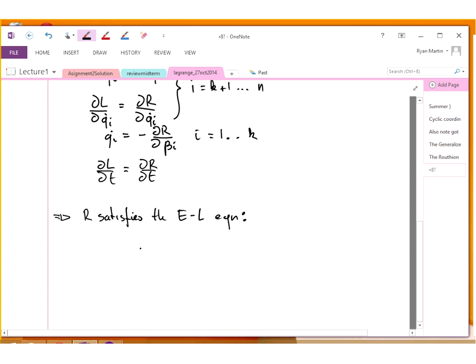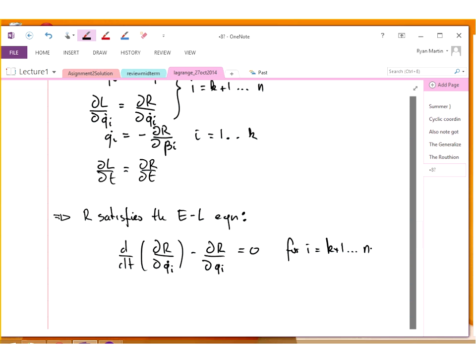So we can write that d/dt of ∂R/∂q_i dot minus ∂R/∂q_i is equal to 0 for i equals k plus 1 to n. And that's exactly what we set out to do.